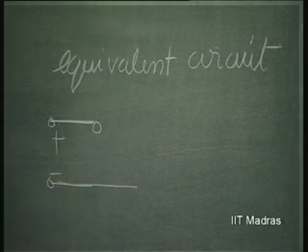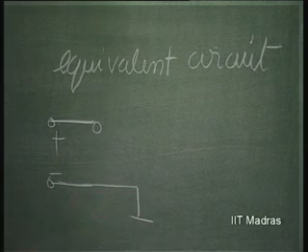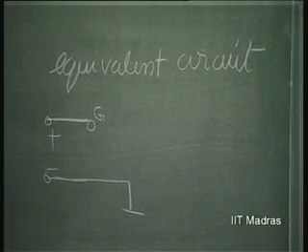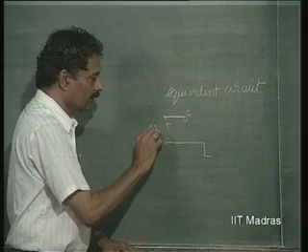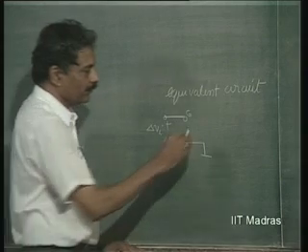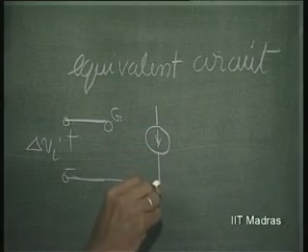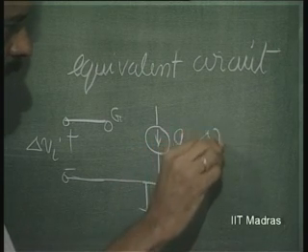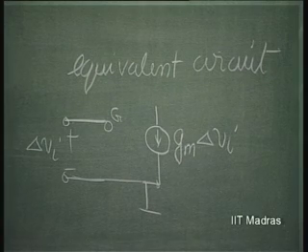this is the gate, the source is grounded, and to this we are applying, let us say, a small signal delta Vi, and current is defined. What is Gm?